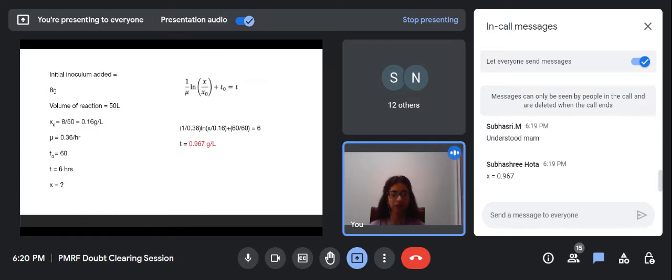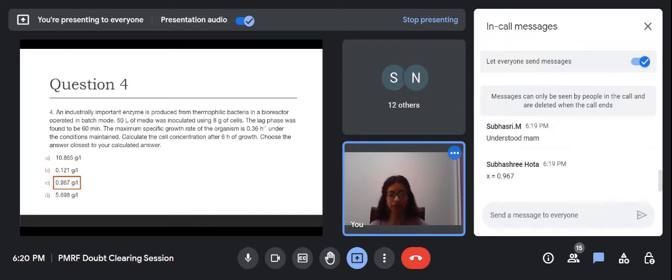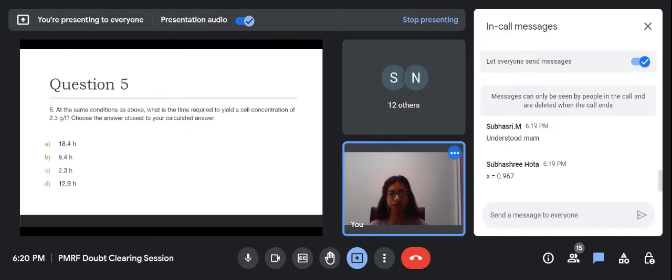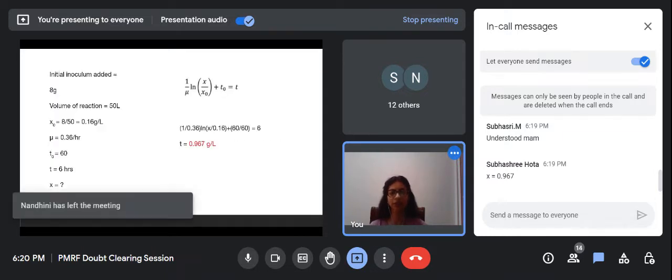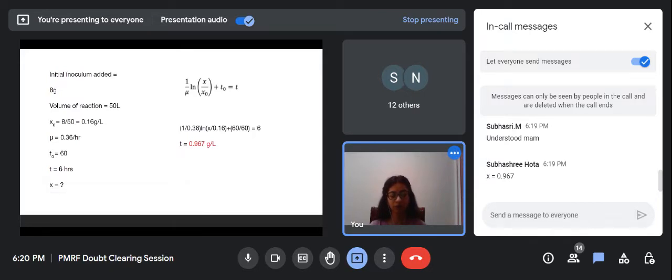It's just that what you have to find is something different. This time what you have to find is the time required to yield a cell concentration of 2.3 grams per liter. Do you know how you would be able to find this?